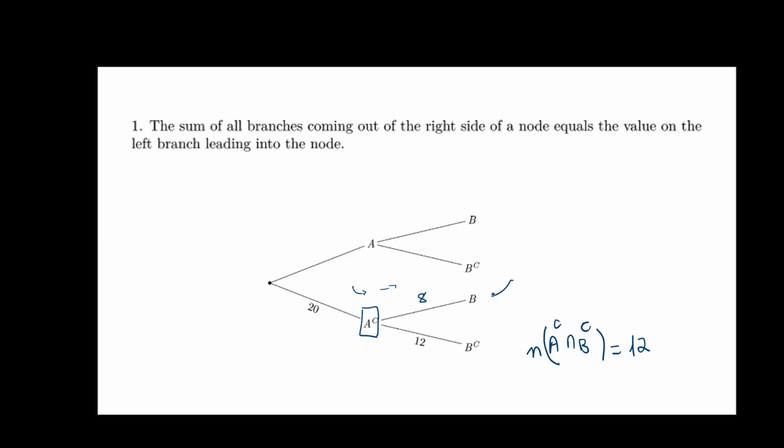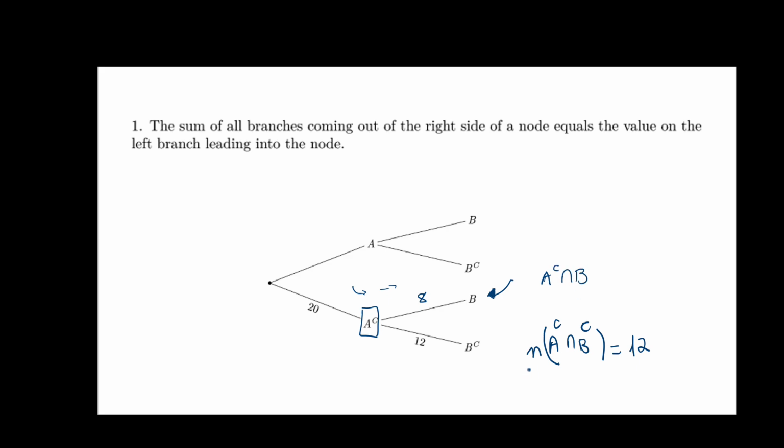Does anyone want to try this? What set is this here that I'm pointing to? Who wants to try? No one? Come on. Yeah? Okay, is it A complement intersect B? Yeah.